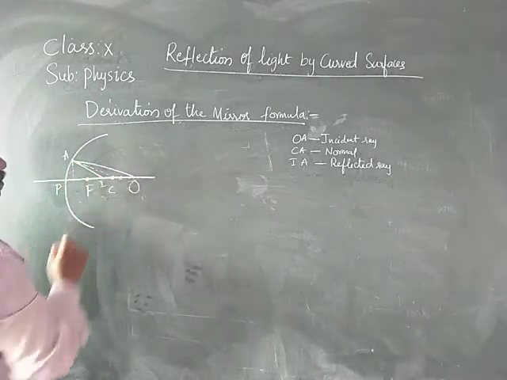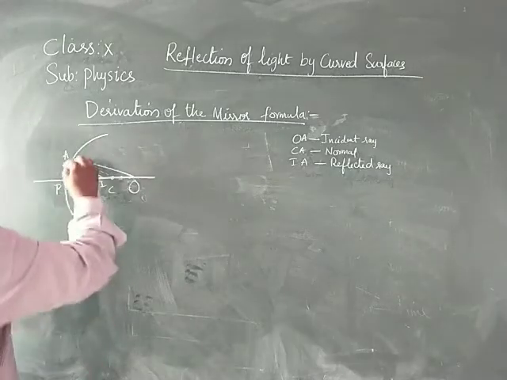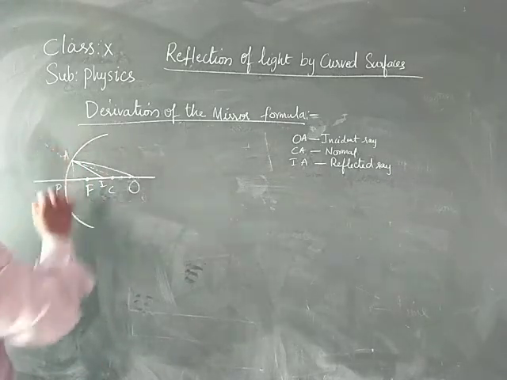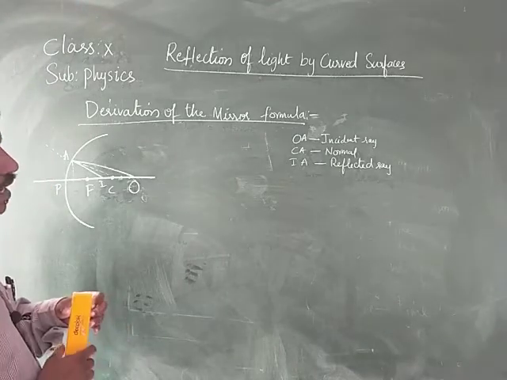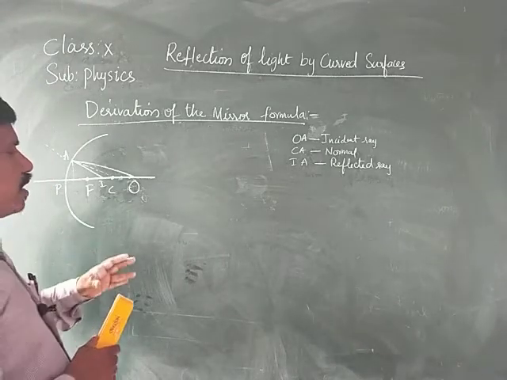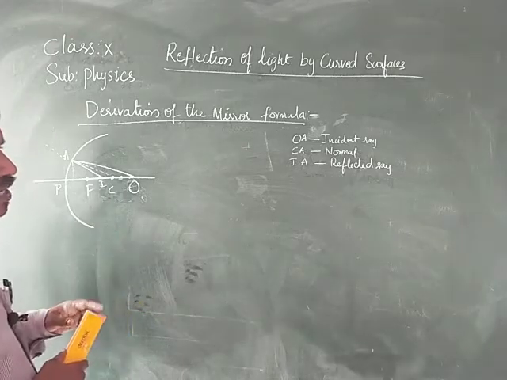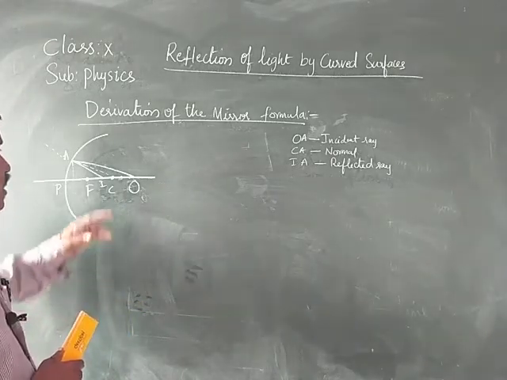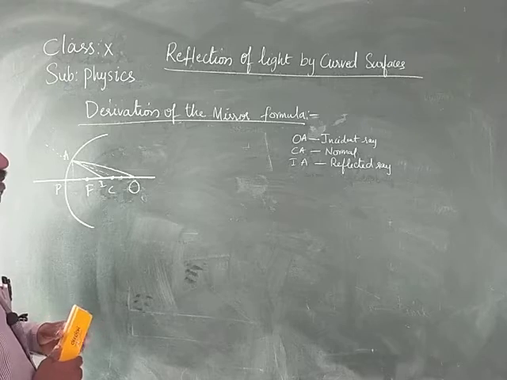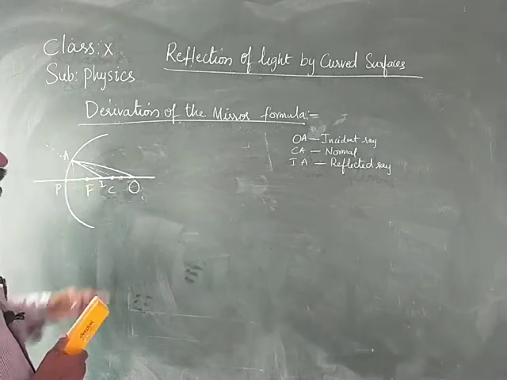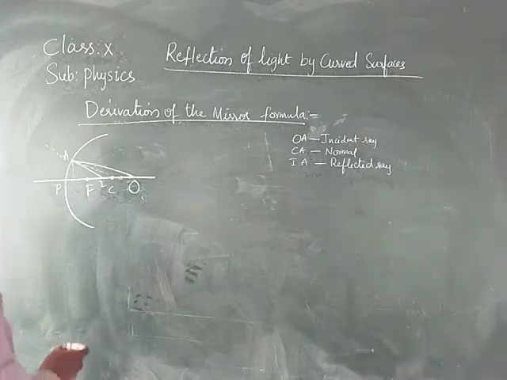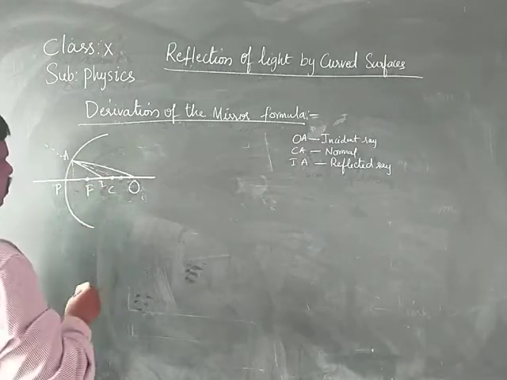AC is the normal. Already we learned that the center of curvature is the point where all the normals meet. The point of intersection of all the normals is called the center of curvature. Here AO is the incident ray, AI is the reflected ray, and AC is the normal.